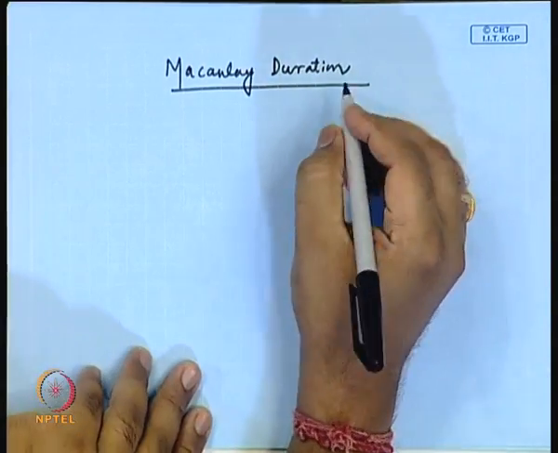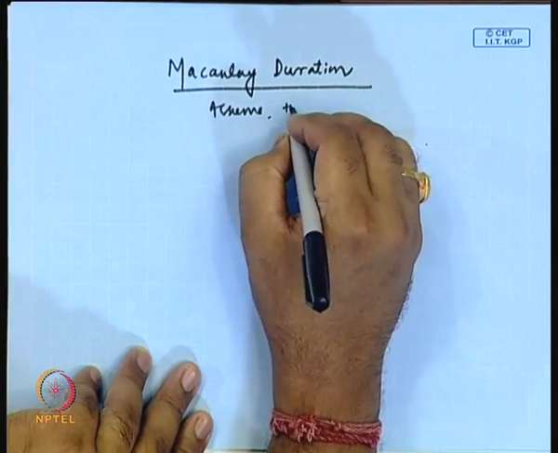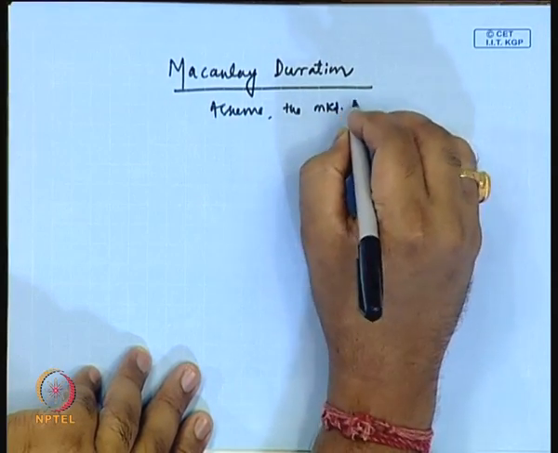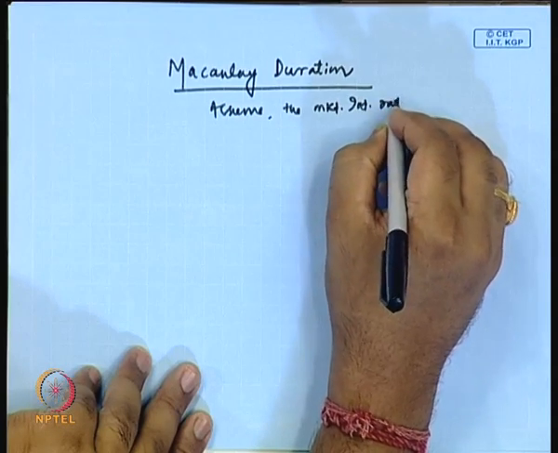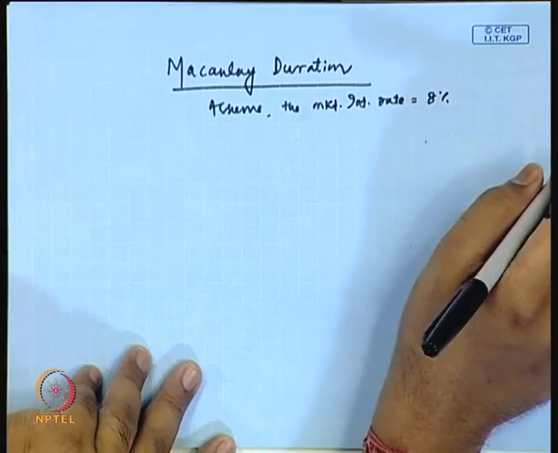How is it measured? Assume the market interest rate is 8%. And how is it measured?